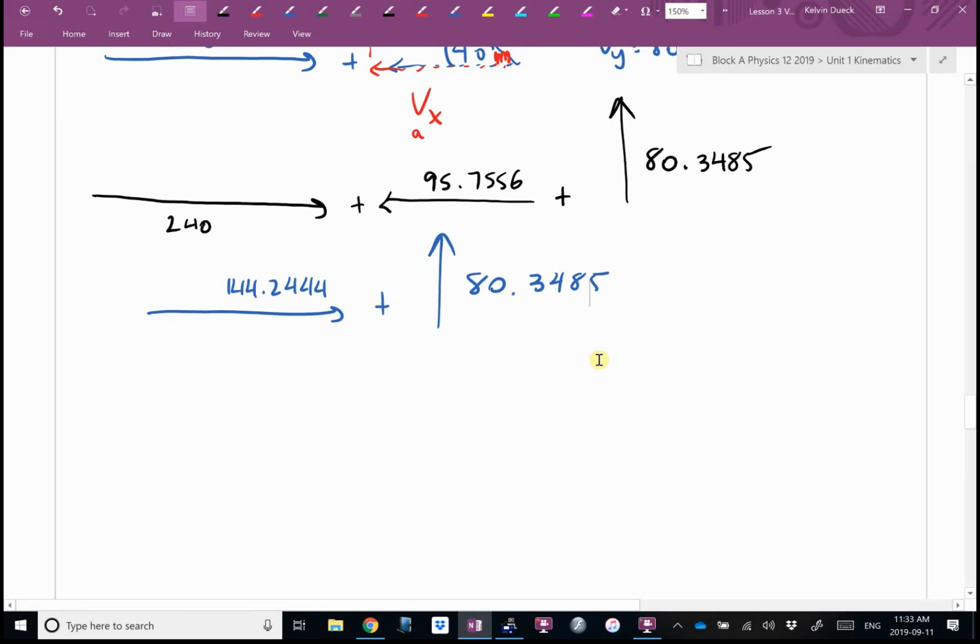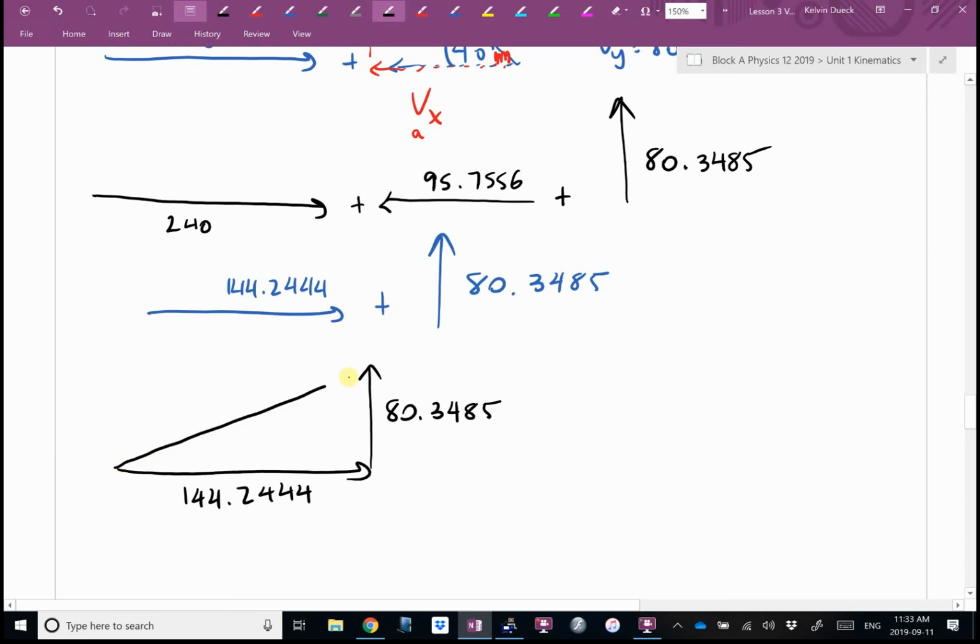Good call. So I'll get a vector triangle that looks like this. 144.2444. Hopefully, though, also now you're understanding why I said over the next few days, you're going to get really good at trig. And this is going to be, I think from the equation, we called it V ground.